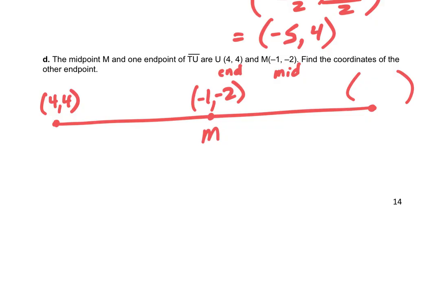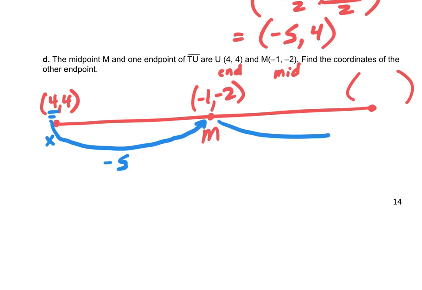For my x's, which is this number right here, to get over to here, we're subtracting 5. That gets me to the halfway point. This is my x value now.